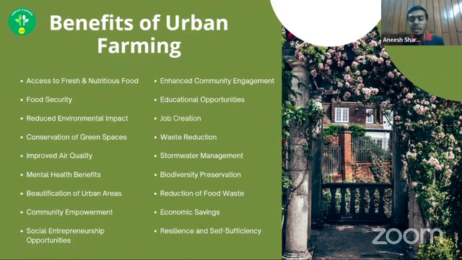But in the urban landscapes, you can also create some community garden. You can create some edible food forest that can act as a conservation unit, a small biodiverse sphere, and can be used for conservation of green spaces.